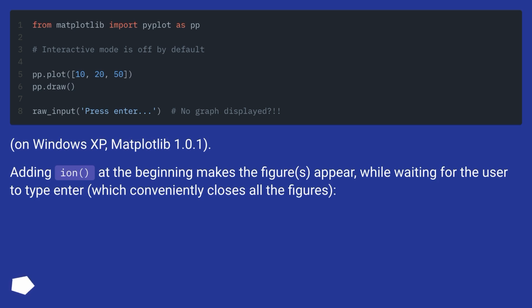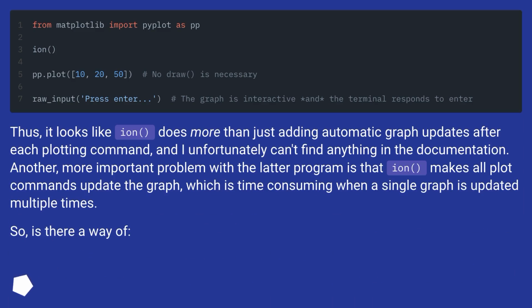Adding ion at the beginning makes the figures appear, while waiting for the user to type enter, which conveniently closes all the figures. Thus, it looks like ion does more than just adding automatic graph updates after each plotting command, and I unfortunately can't find anything in the documentation.